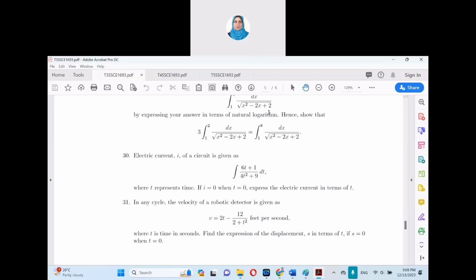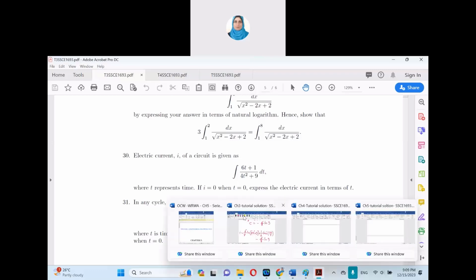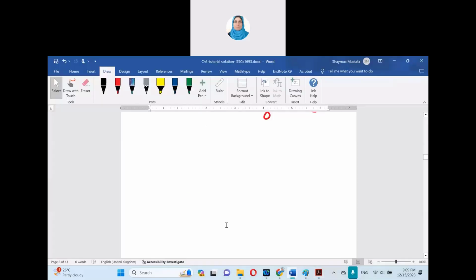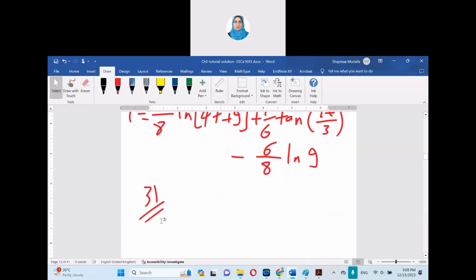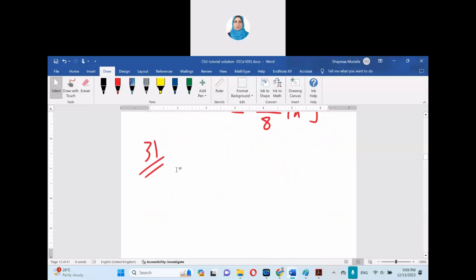Find the expression of displacement s in terms of t if s equals 0 when t equals 0. First, the function here is velocity.